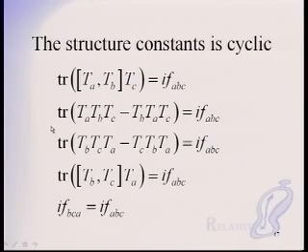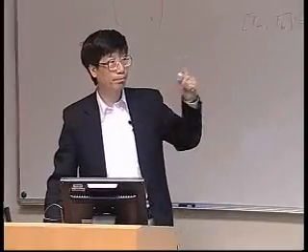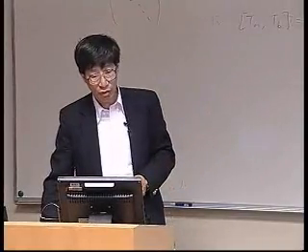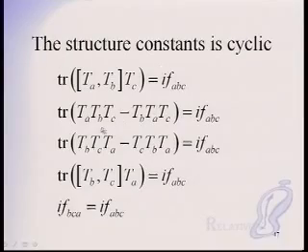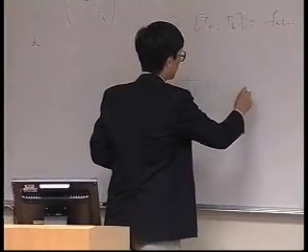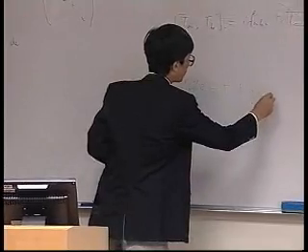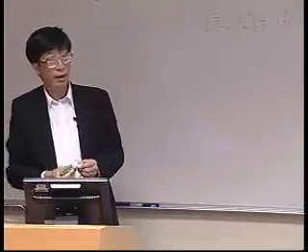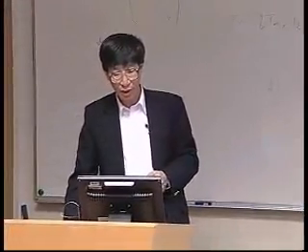But I use the fact that a trace is cyclic over the factors. So ABC, I can write it as BCA. BAC, I can write as CBA. Right? Trace ABC is equal to trace BCA and so on. That's a theorem in matrix multiplication.